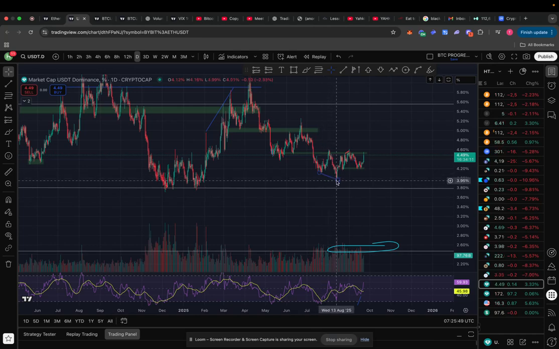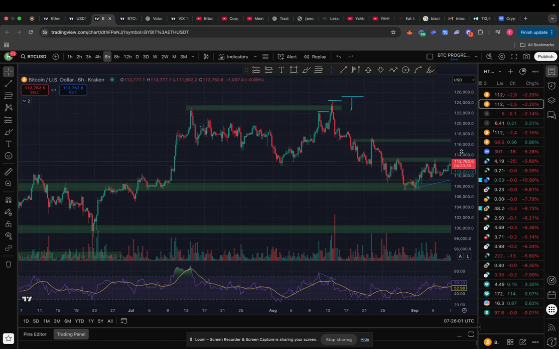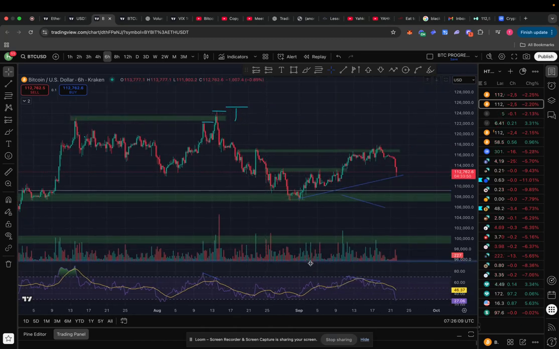Price made a lower low, but look at the RSI: higher low, boom. And then obviously you look at BTC, higher high, lower high, good trade.